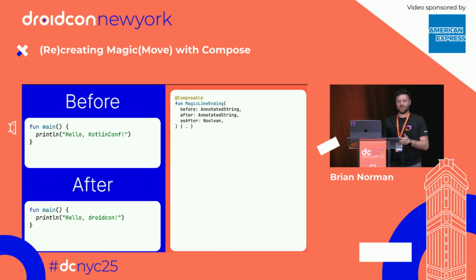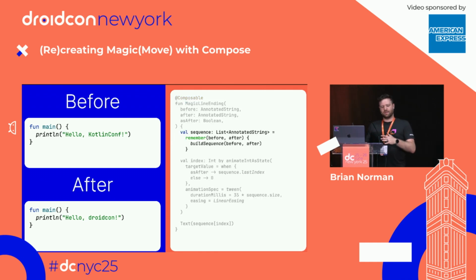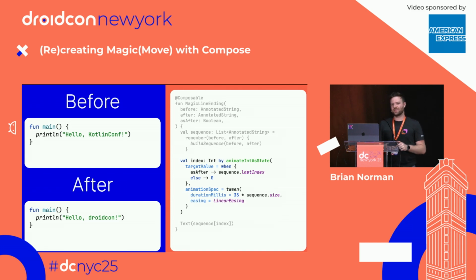The code for this is very simple. Set up some before and after annotated string. We hide some of the details of building that sequence just because it's a lot of code that I just described, but then you animate this int either as the first index in your sequence or the last index of your sequence.